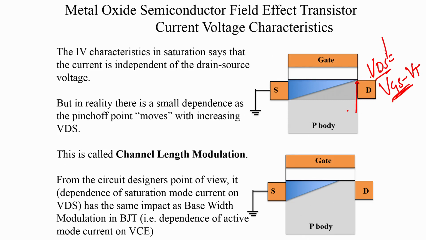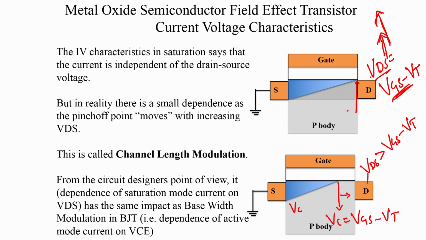But let us say we increase VGS further and we keep increasing VDS, the drain to source voltage. So, the drain to source voltage is now much greater than VGS minus VT, which means that if you were to probe Vc, there is a point here where Vc has already become equal to VGS minus VT, and beyond this Vc is greater than VGS minus VT, and at this point my Vc is equal to VDS, which is of course greater than VGS minus VT.